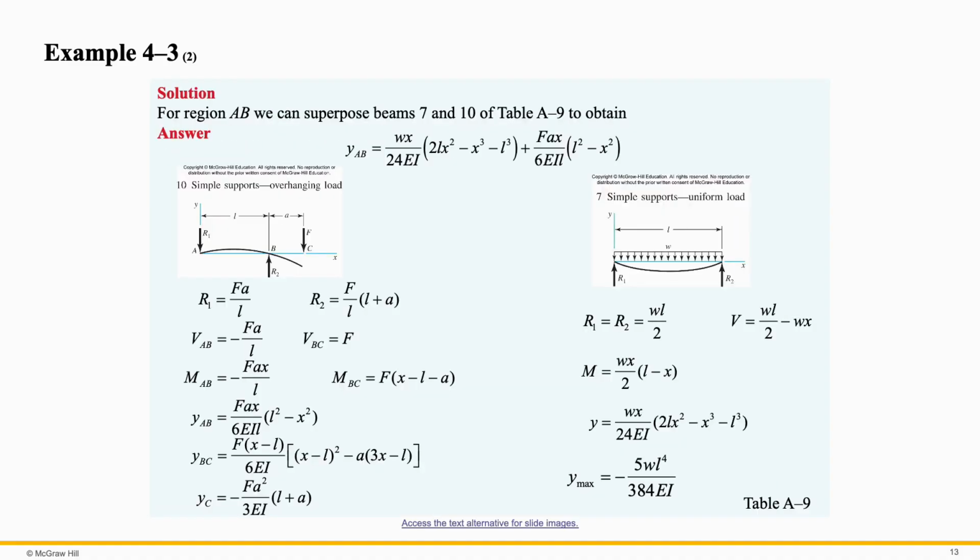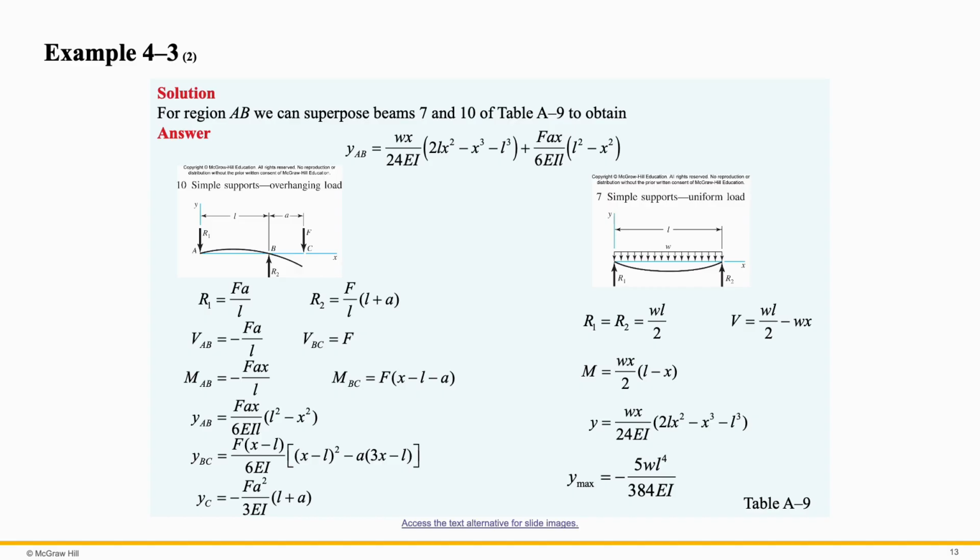So, as presented, this is the impact of the transverse load, and the related equations are provided here on the left side. For the first part of this problem, related to this transverse load, we have a simply supported overhanging beam, isn't it? And for the second part of this problem, we have a simply supported beam which is subjected to uniform loading.